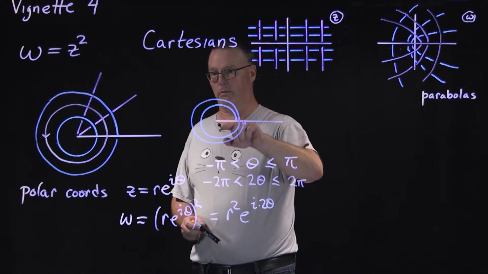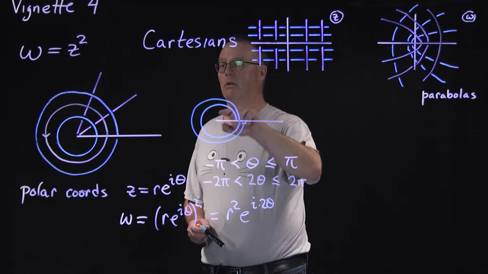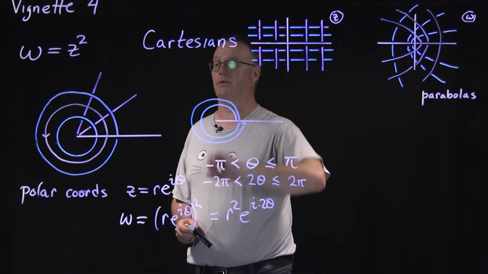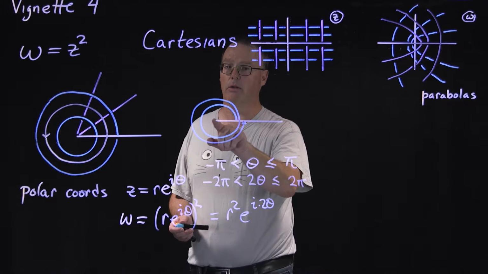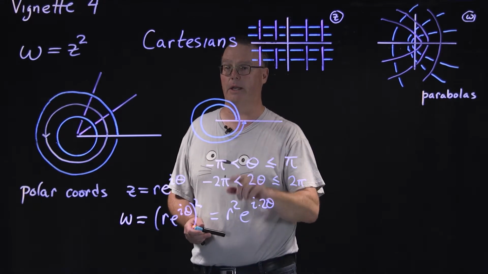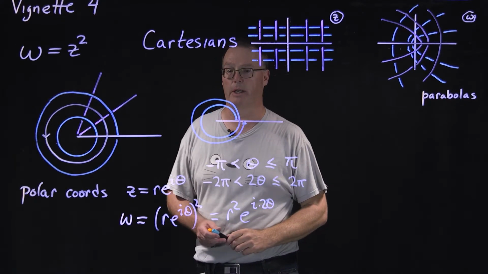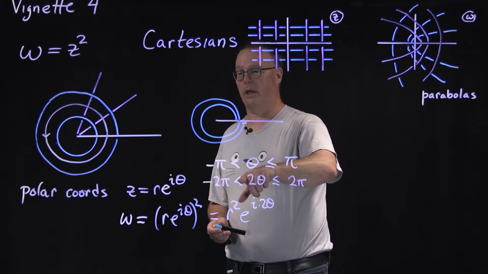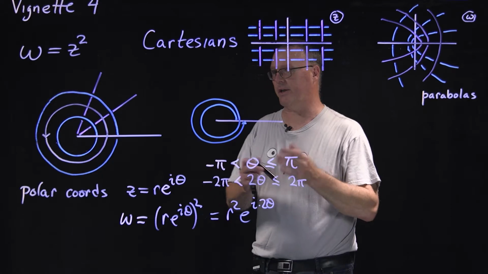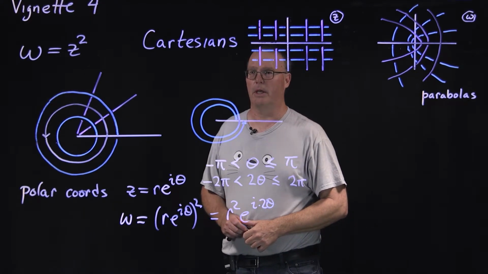Now, if we notice, every single ray gets cut twice. Well, that makes sense, and that includes the ray here. It gets cut when theta equals 0, and cut when theta equals 2 pi. But it doesn't touch at minus 2 pi. There is an infinitesimal, if you like, gap between there.